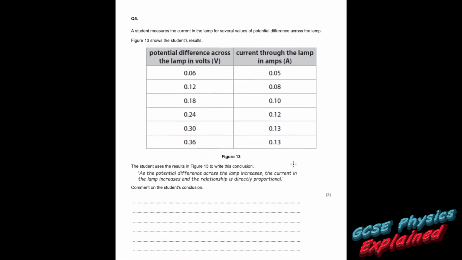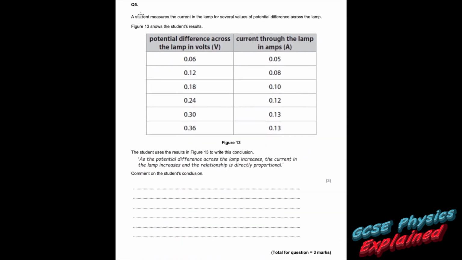Question 5. The student measures the current in the lamp for several values of potential difference across the lamp. Figure 13 shows the student's results. Now you'll notice that this is very similar to a previous question that I've just done. And that's the proof that you need, that by practicing these papers, it's the same questions that come up year after year, or very similar.